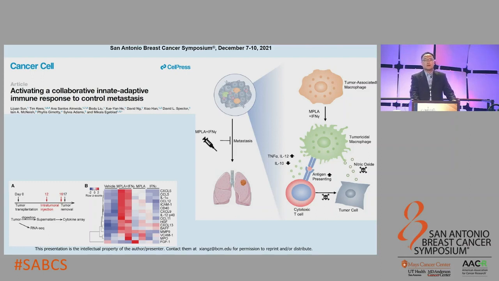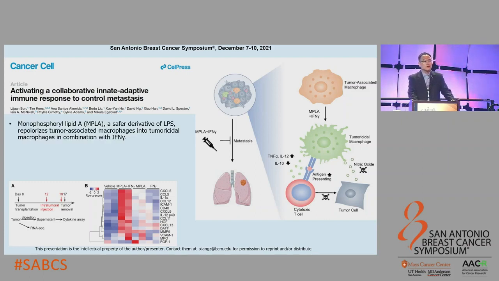Another study from Dr. Mikala Egeblad's lab showed that you can actually turn a hostile immune microenvironment into a hospitable environment. And this is achieved through two different things. One is called monophosphoryl lipid A, which is an LPS derivative, and the other is interferon gamma.